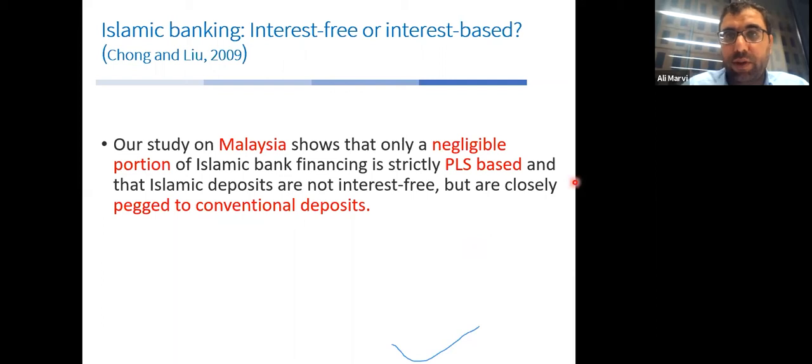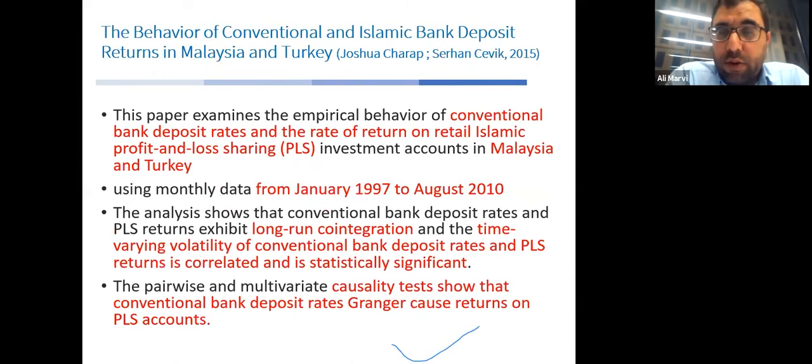That's one example. The other one, Sharap and Sevik published a paper in 2015. It's titled The Behavior of Conventional and Islamic Bank Deposit Returns in Malaysia and Turkey. They focused on the empirical behavior of conventional bank deposit rates and the rate of return on retail Islamic PLS investment accounts.